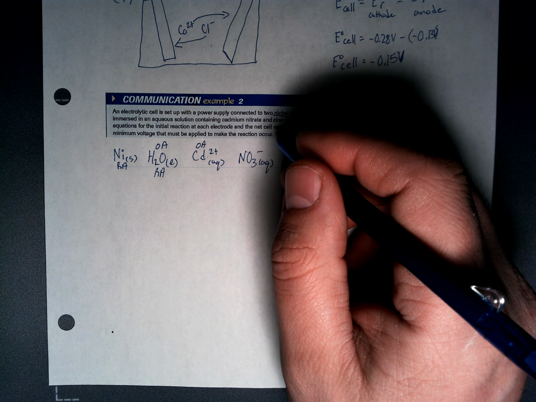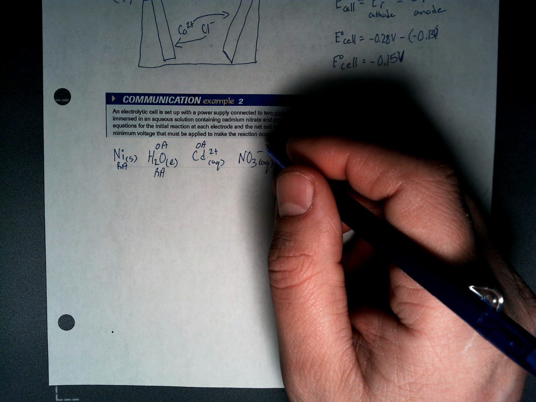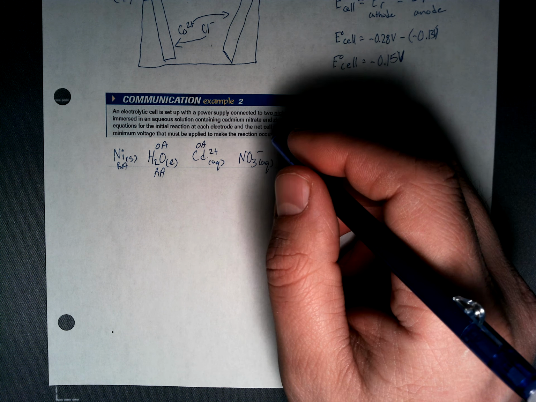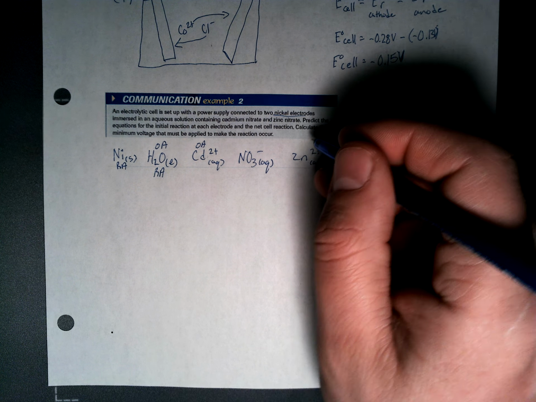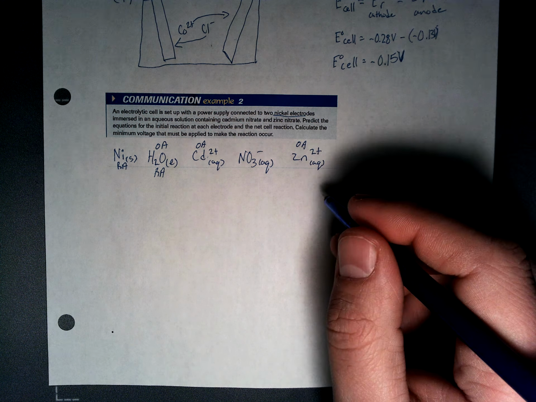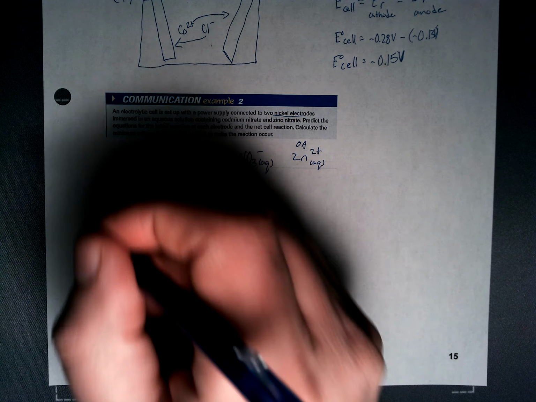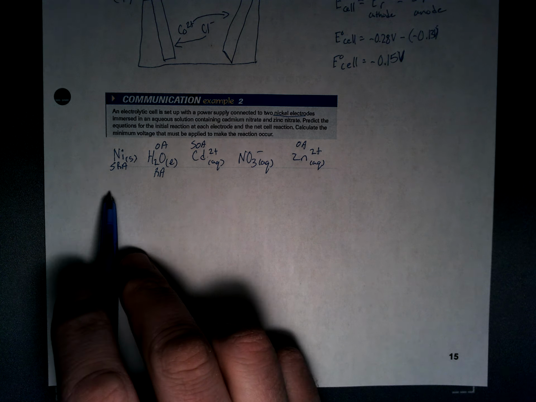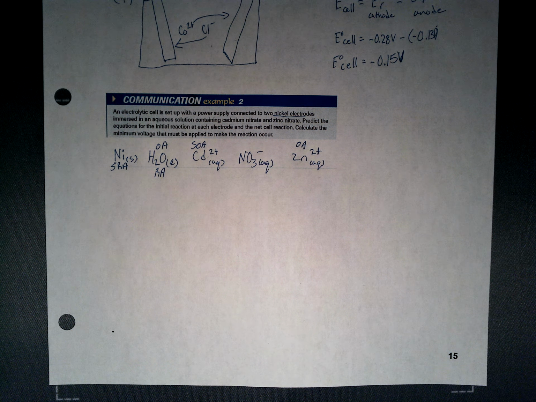It needs to have H plus to be an oxidizing agent. And zinc on its own is an oxidizing agent, a really weak one. Now we look through what's our strongest oxidizing or reducing agent, and the strongest oxidizing agent is cadmium 2 plus, and the strongest reducing agent is the nickel solid.